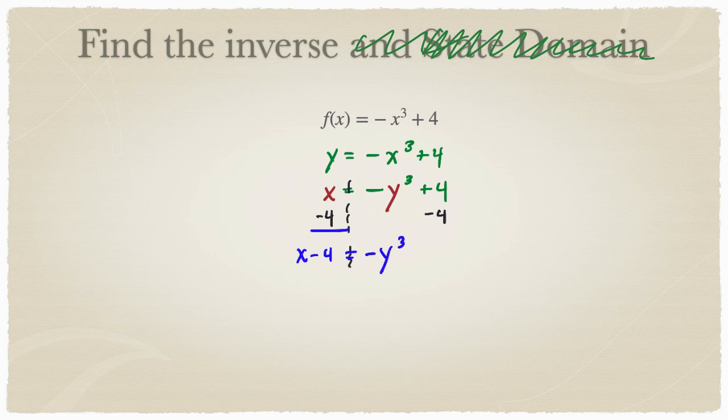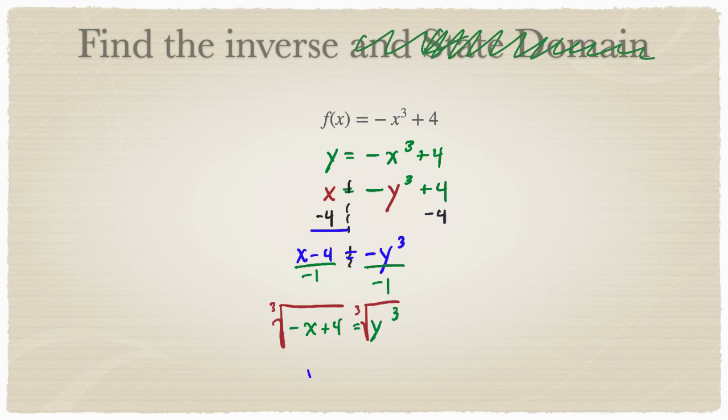Next, let's undo any multiplication or division. So I'm going to divide by negative 1 on both sides. On the left side, that gives me a negative x plus 4 equals y cubed. And then we've talked about how to solve cubic equations in this chapter where we cube root both sides.